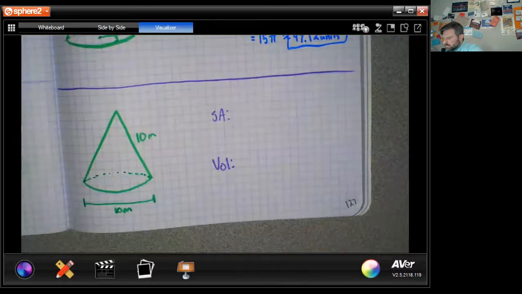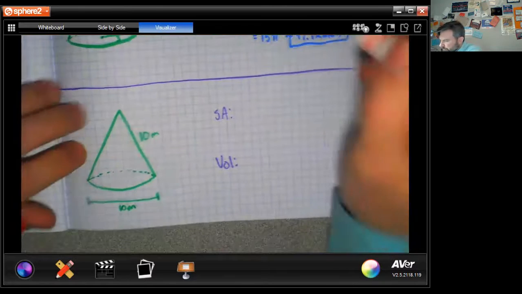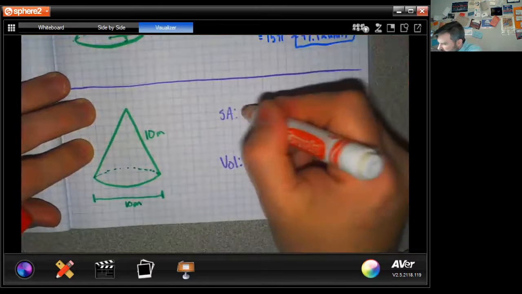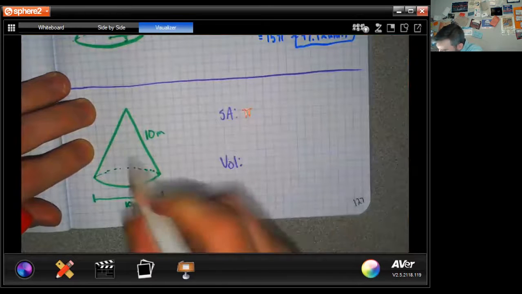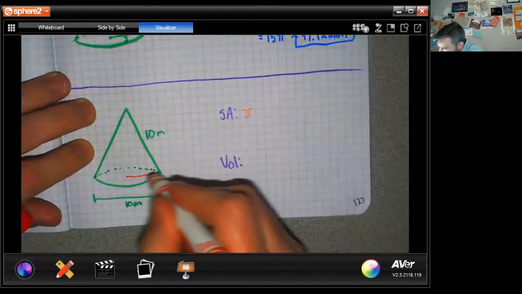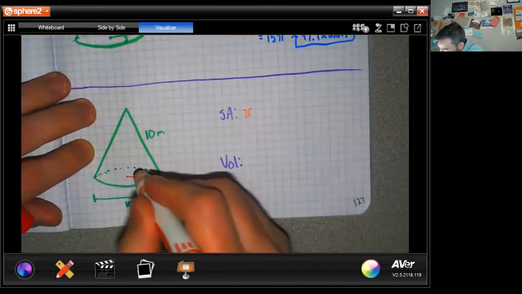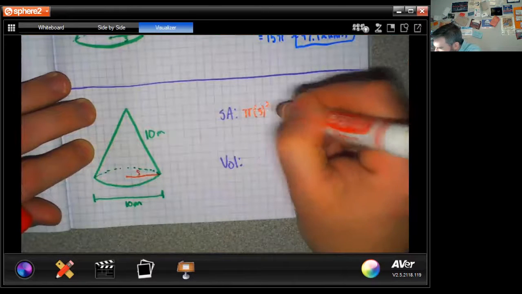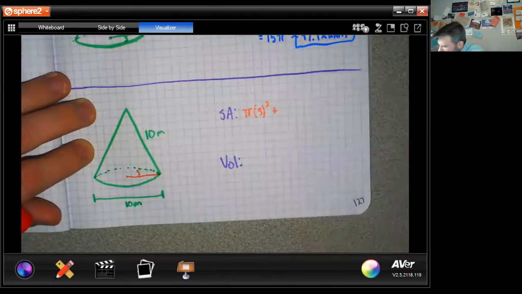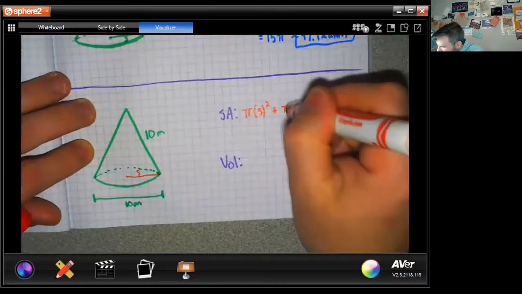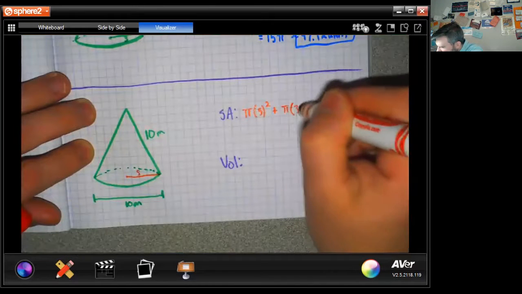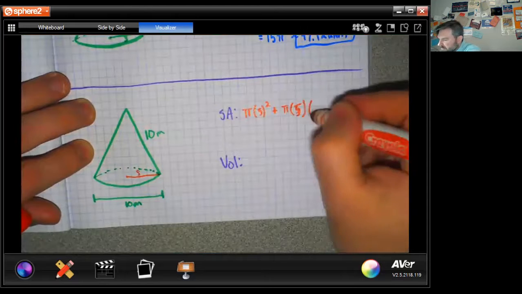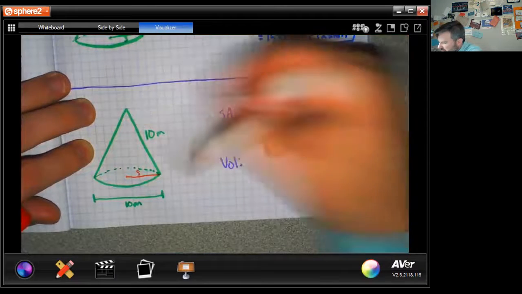Okay, for the surface area, we're going to take pi r. Okay, the radius is right here and it's half of this, so it's 5. So 5 squared plus pi r, which not 3, it's 5, times the slant height, which is 10.